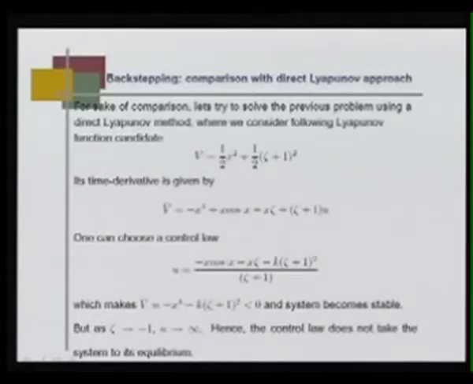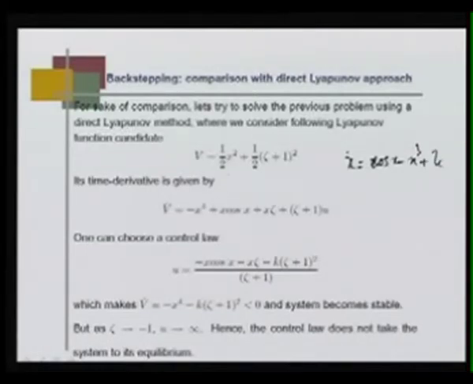Let us try to solve the previous problem using the direct Lyapunov method, where we consider the following Lyapunov function candidate. You see that V dot becomes this quantity minus x to the 4 minus x cos x plus x xi plus xi plus 1 into u. You can verify this to be the derivative of V, because this is x x dot, and we already know x dot is cos x minus x plus xi.